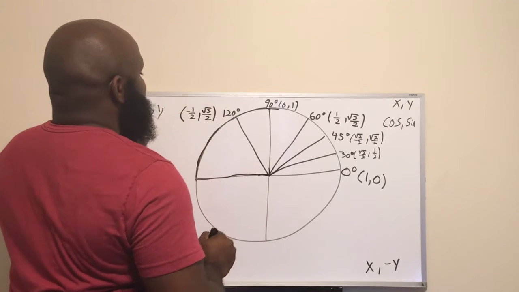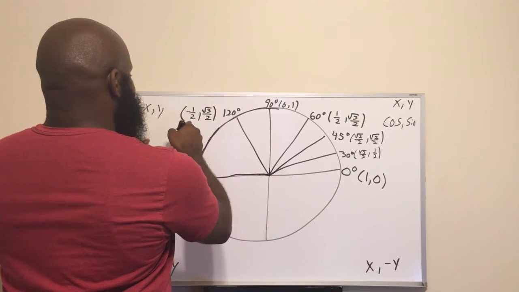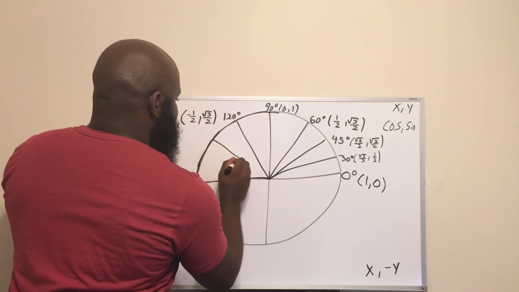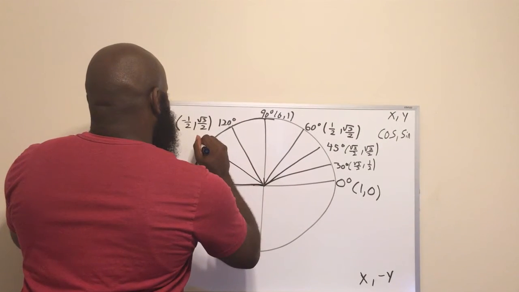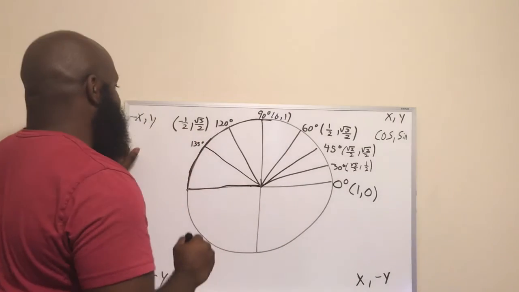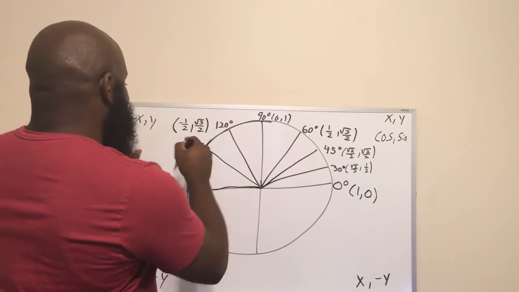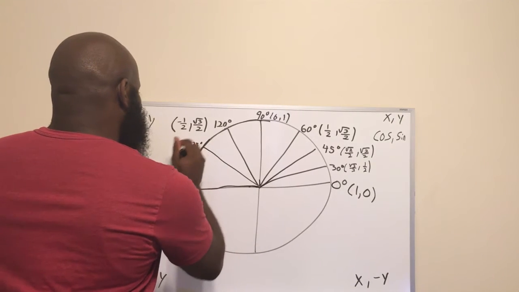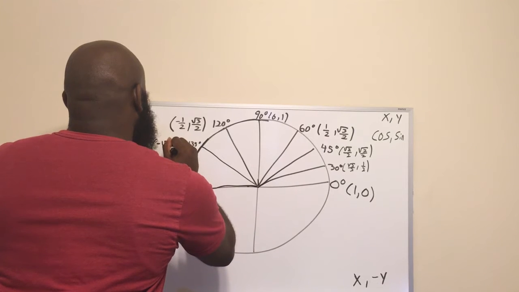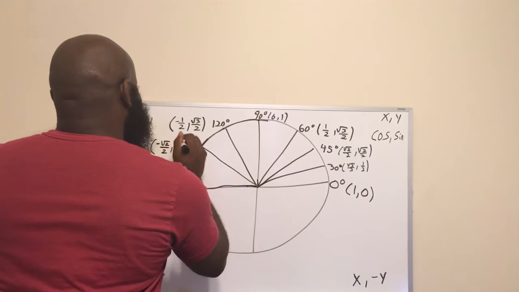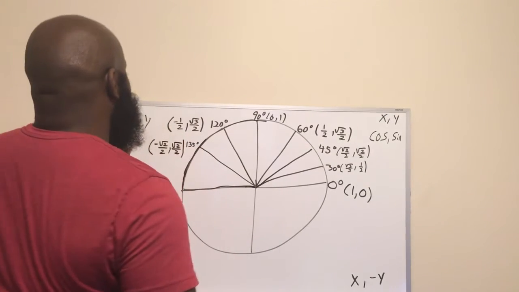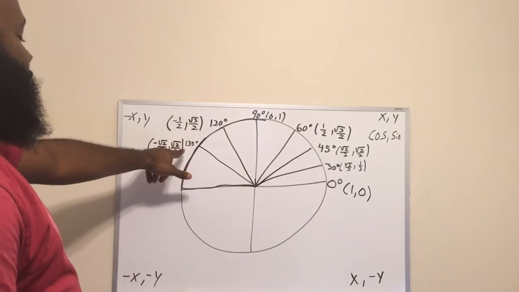And you have 135 degrees. At 135 degrees, your cosine is negative square root 2 over 2 and your sine is square root 2 over 2. So those are your points at 135 degrees.